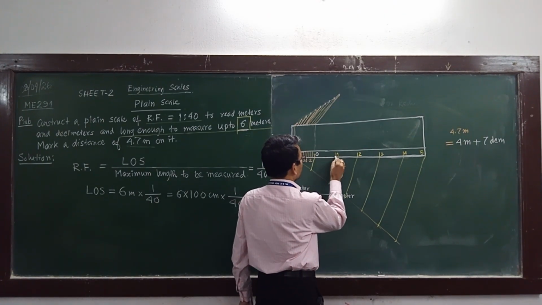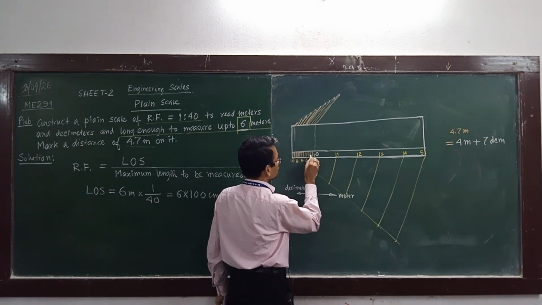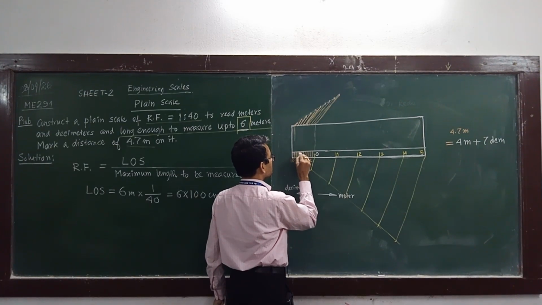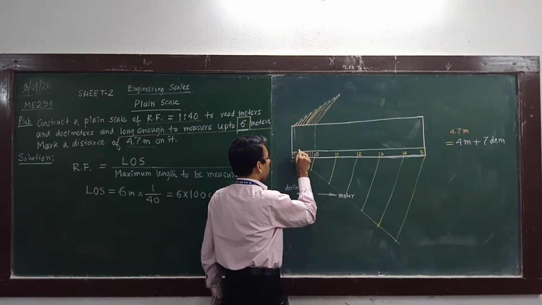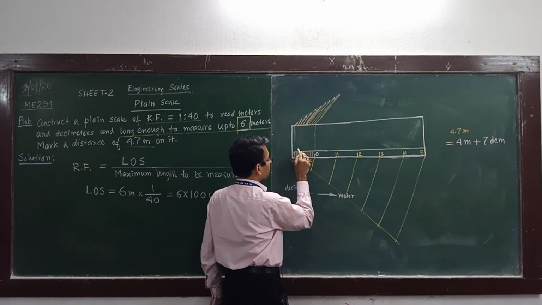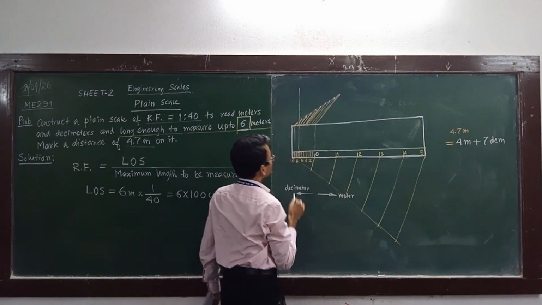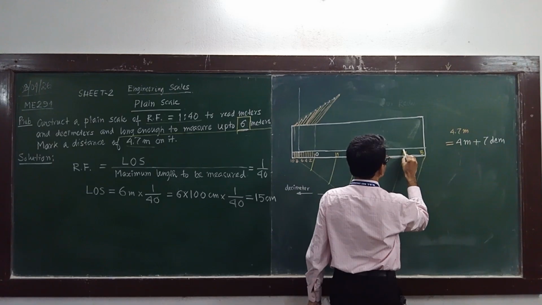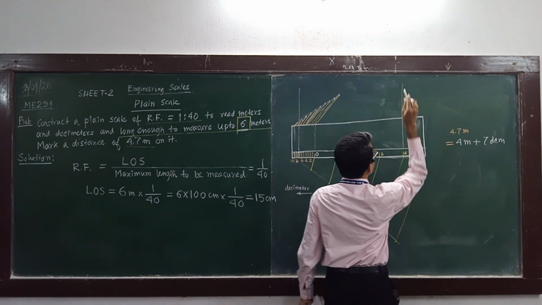So 4 meter, 1, 2, 3, 4 here, and then 7, 1, 2, 3, sorry 6, then 7 here. So you will mark here. Then you will produce from here. That means after marking, you will produce one. You will leave about 1 mm gap. Then you will draw a vertical line. Then from 4 you will draw a line from here, right?